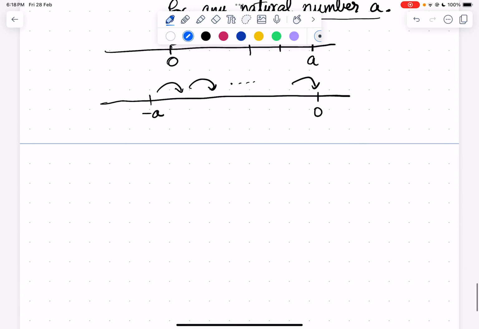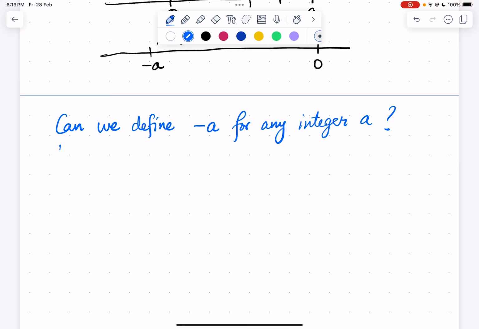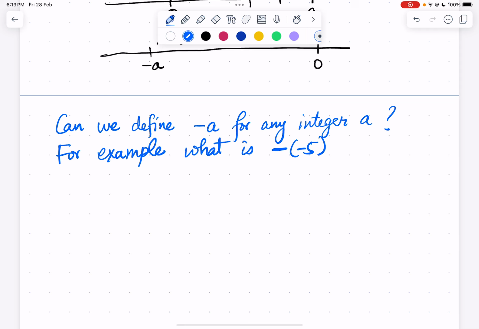Now we can ask, can we define minus a for any integer a? For example, what is minus of minus 5?